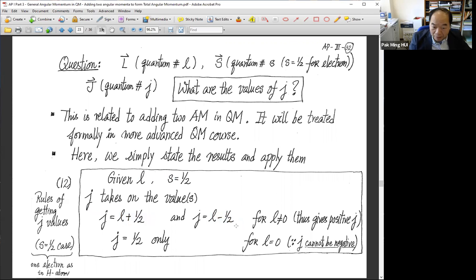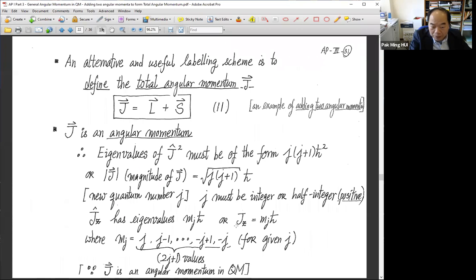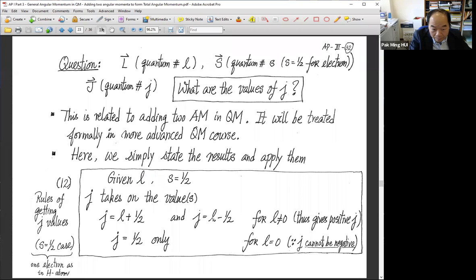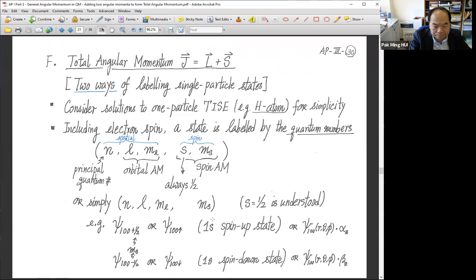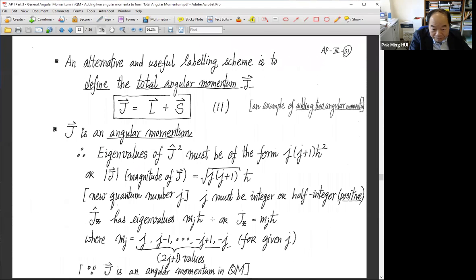But remember, in the general property of angular momentum, the magnitude square, this quantum number J, comes from the highest positive beta maximum, that is J h bar. That is a positive half integer or integer. It cannot be negative, okay? That is an important thing.